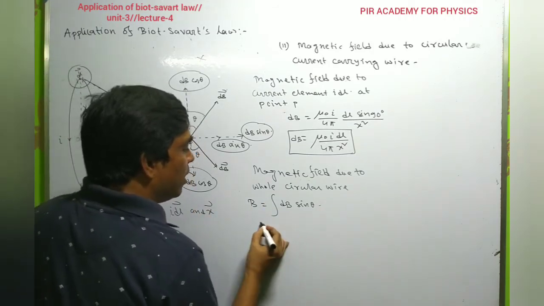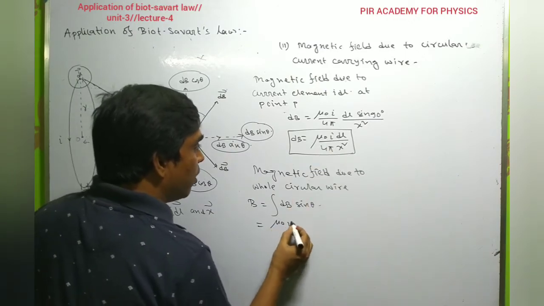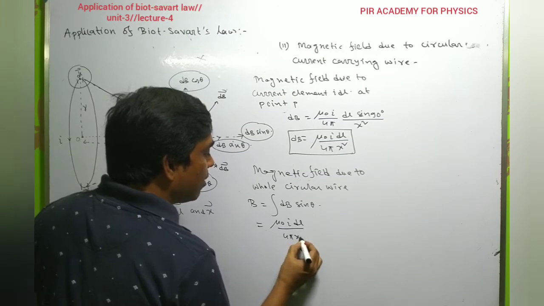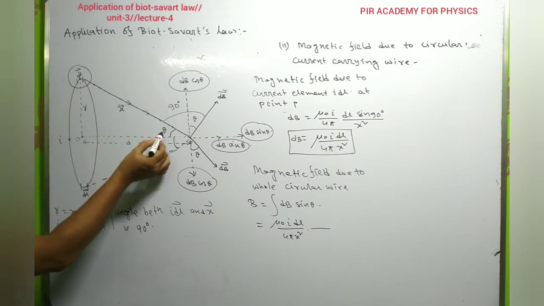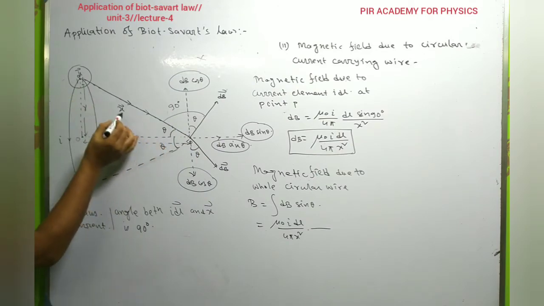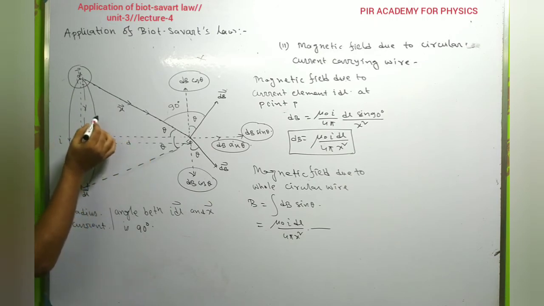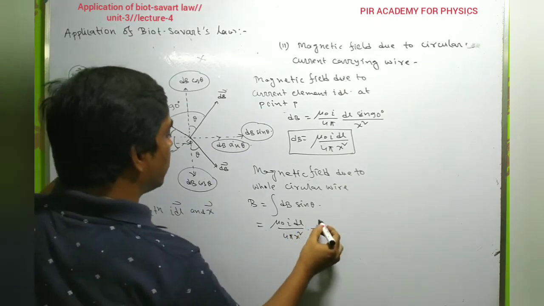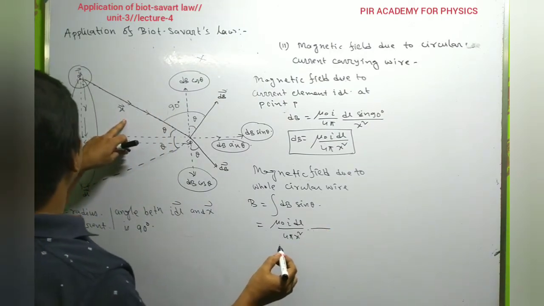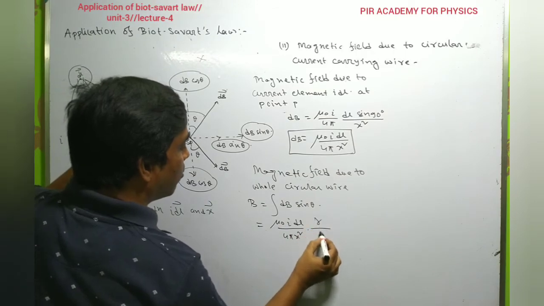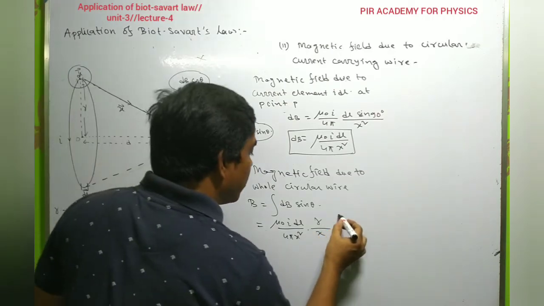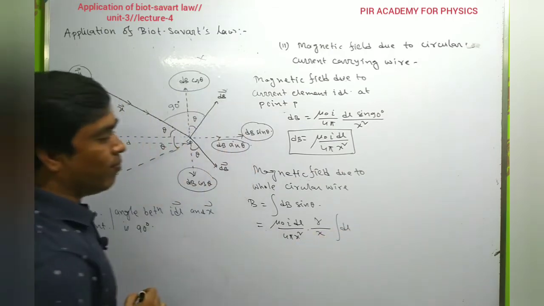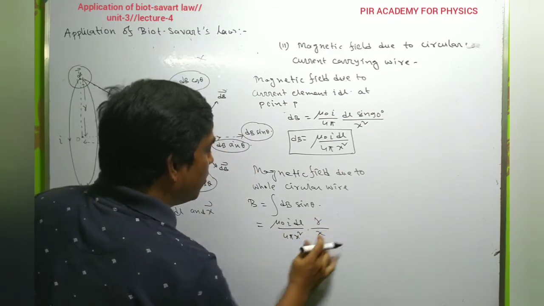So here dB is mu 0 I dl by 4 pi x square, and here is sin theta. If you put the value, this is theta and this is r, so this is x, so sin theta is r by x, and here is the integration of dl.